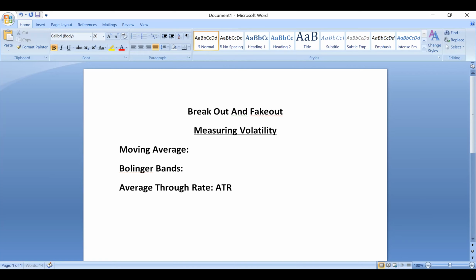So let's go to MT4 to see how each of these indicators works, so we'll be able to see how we can use them to measure volatility.